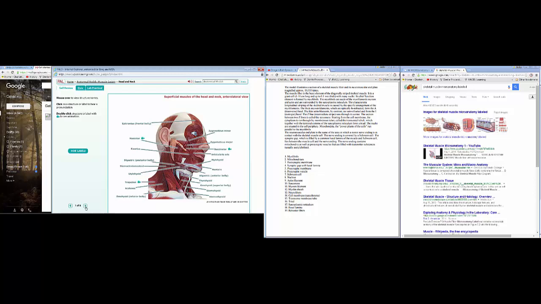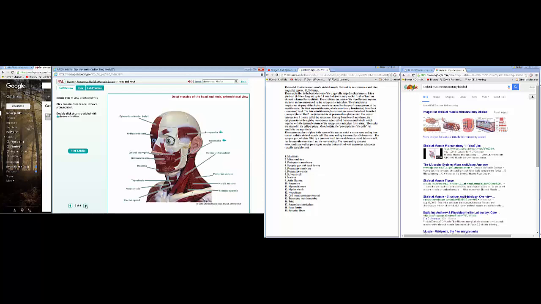Let's see what else we have. Like I said before, we talked about the temporalis. The buccinator, we did not talk about that one. The buccinator is basically your cheek muscle. I don't think it really does much.